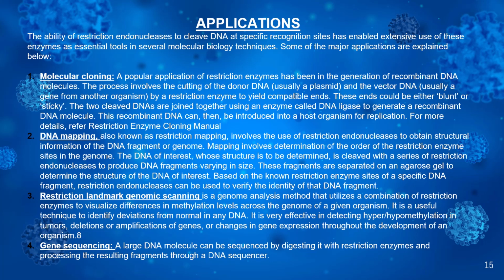It is a useful technique to identify deviations from normal in any DNA. Now coming to gene sequencing, a large DNA molecule can be sequenced by digesting it with restriction enzymes and processing the resulting fragments through a DNA sequencer.